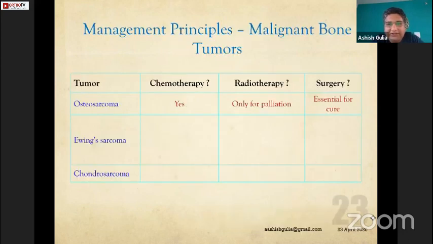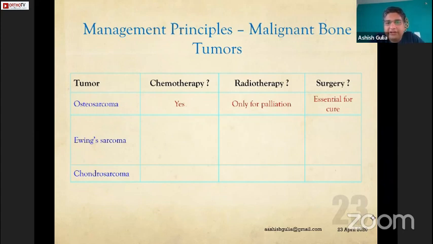Again, emphasis on the same, but now I'm going to explain in a bit of detail. So, the 3 most common malignant bone tumors. The first one is osteosarcoma. Surgery is essential for cure, and chemotherapy is a must. I'll show you some slides where we will talk about the impact of chemotherapy in improving the survival of osteosarcoma.